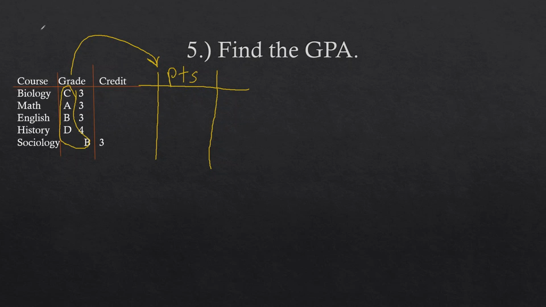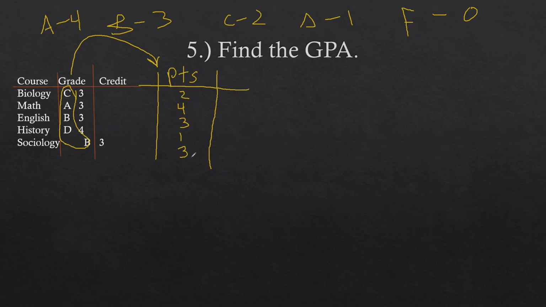A's are 4, B's are 3, C's are 2, D's are 1, and of course, if you fail, you earn no points. So in this particular case, biology is a C, that's 2 points. Math is an A, 4 points. Can't believe there's a B in English. D in history and a B in sociology.